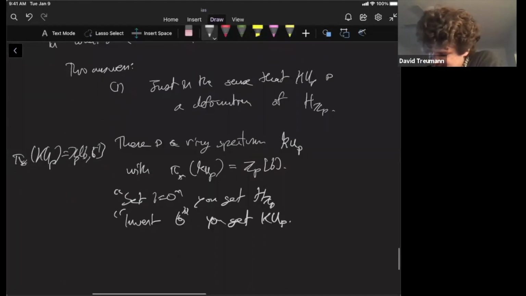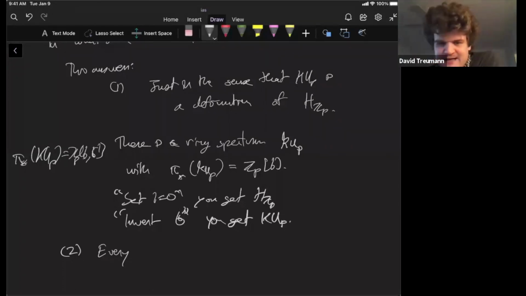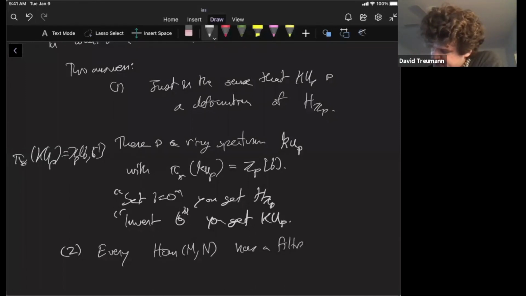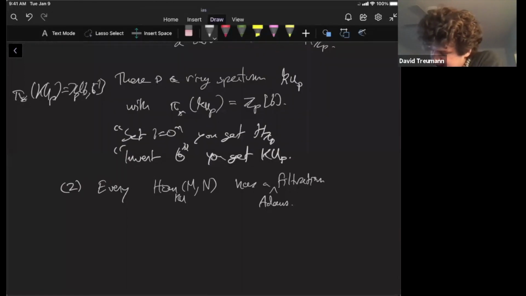And maybe completely the same sense is that every morphism space in this additive category, the homotopy category, every Hom from M to N has a filtration. This is in the KU world, this Adams filtration. And the graded pieces of that filtration are the target of some spectral sequence.